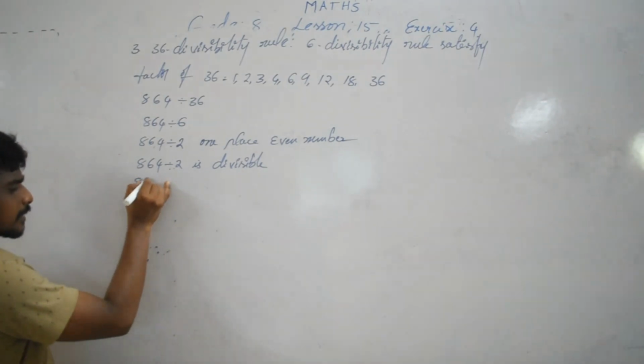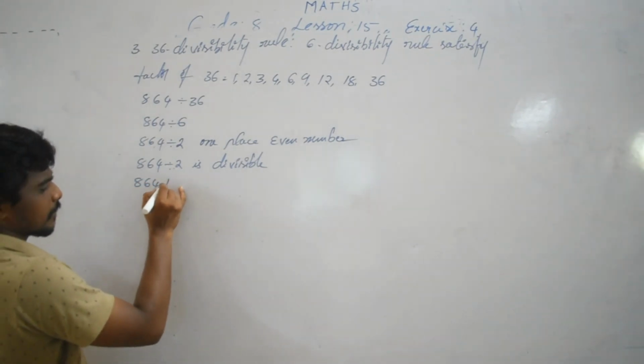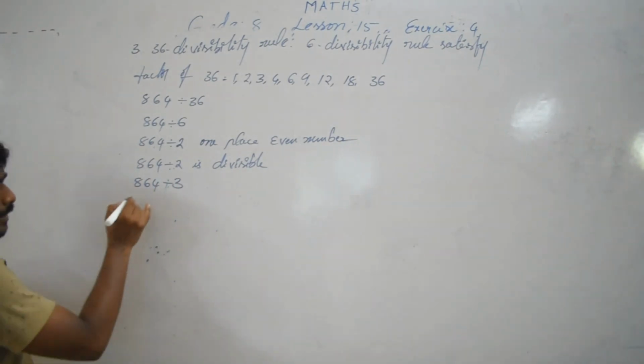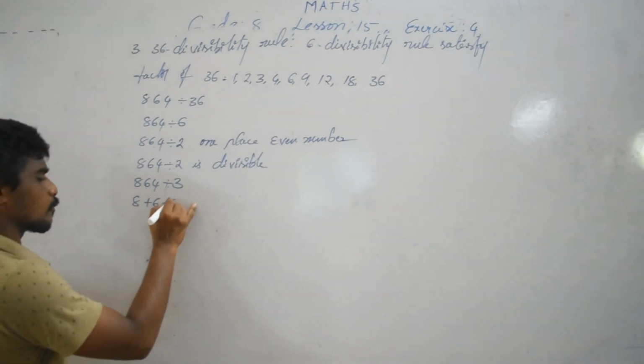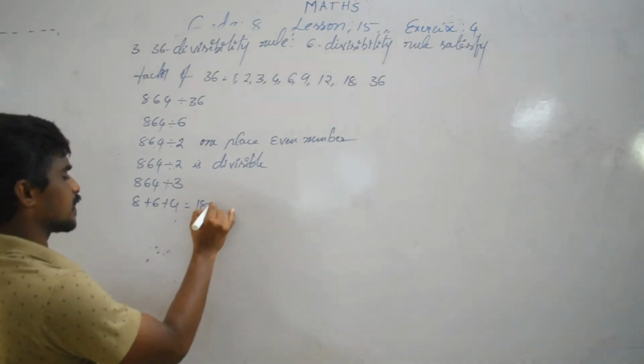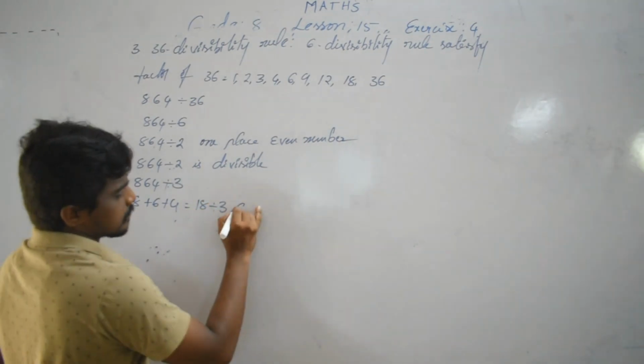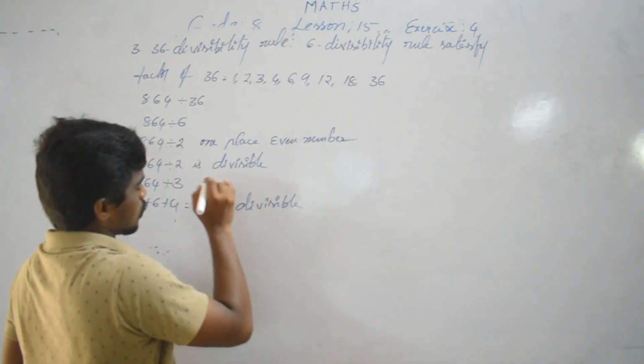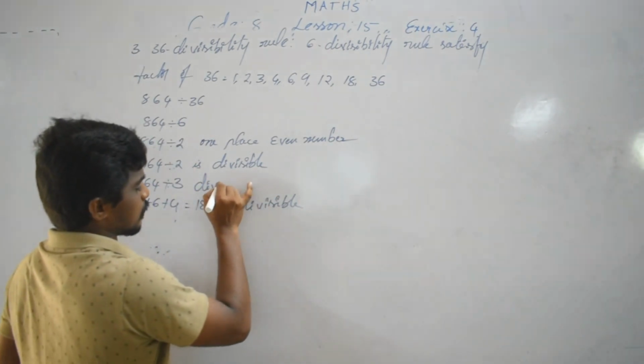Next one, 864 divided by 3. What is the 3 divisibility rule? 8 plus 6 plus 4 is 18, and 18 divided by 3 is divisible. So this is also divisible.